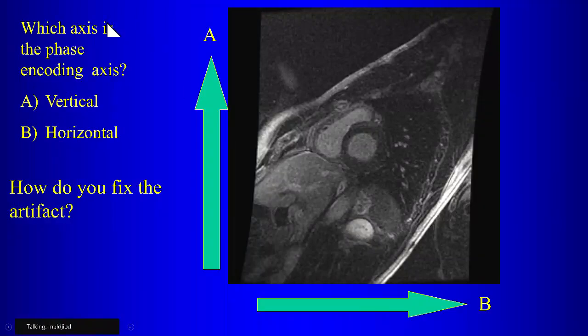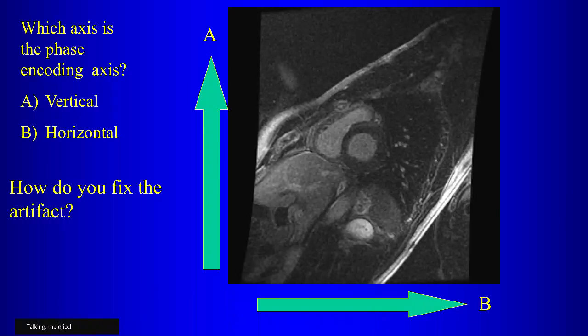So which axis is the phase encoding axis? And there's an artifact on this image, and how do you fix the artifact? So first question is, you have two axes here, right? Here is the vertical axis A, here is the horizontal axis B. Which one is the phase encoding axis, and how do you know? So why is B the phase encoding axis?